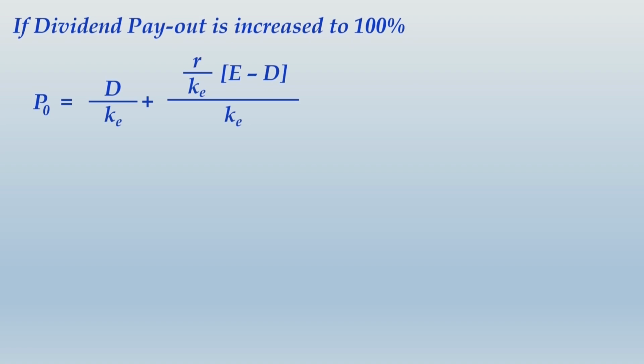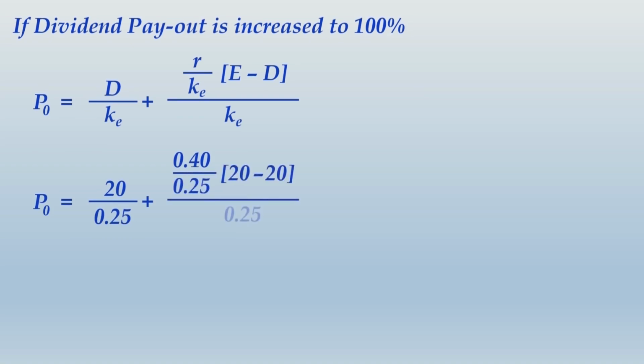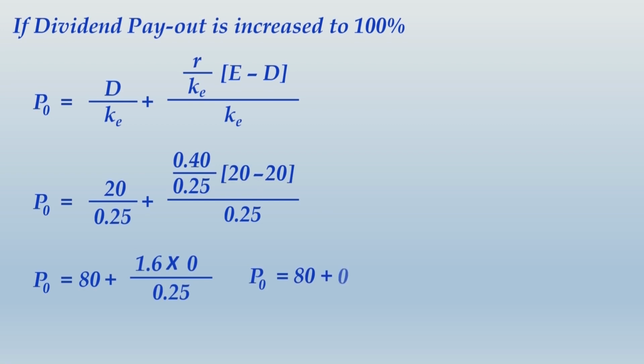We have to substitute the revised values in this formula, and when we do that, we find that entire earnings have been distributed by way of dividend. So E minus D, that represents retained earnings, will be 20 minus 20, that will be 0, and therefore anything multiplied to 0 is definitely going to be 0. So the second whole term will become 0, and the value of the share will be therefore 80 plus 0, and that is rupees 80.